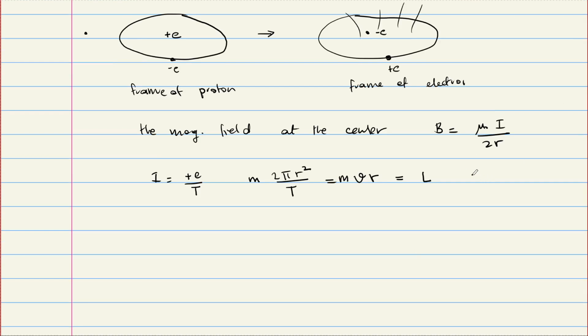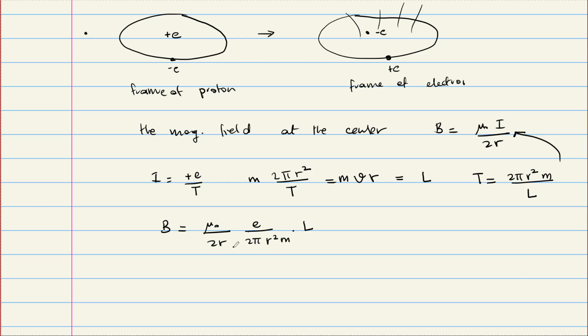From here we can find T to be 2 pi r squared m over L, and plug this in here, because I is E over T. From here, B is going to be mu 0 over 2r times E divided by T, which is E times L over 2 pi r squared m.